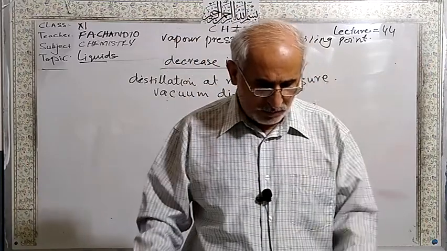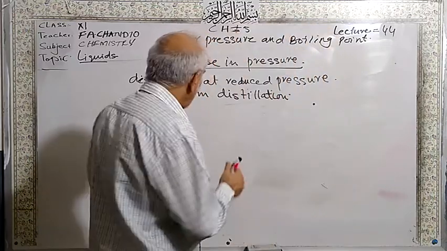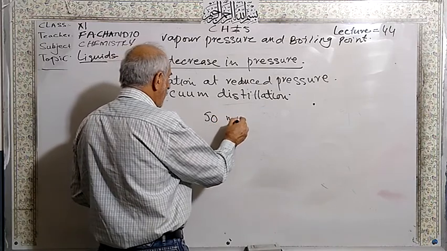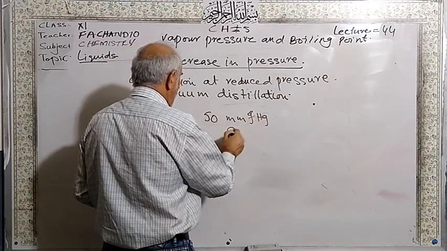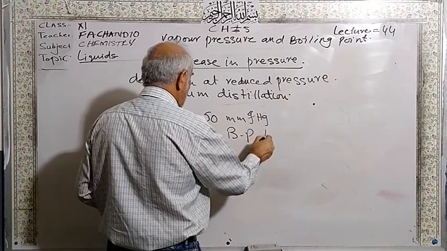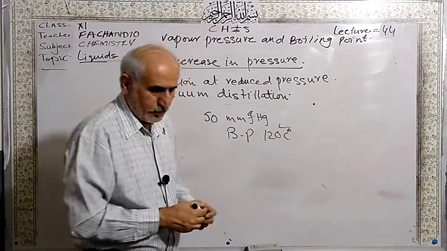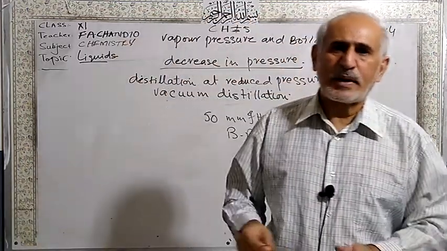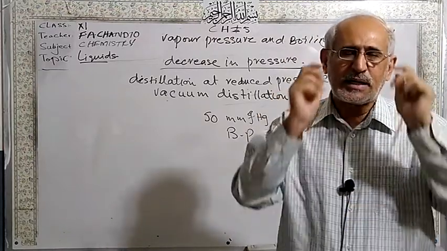So dear students, when we decrease the pressure to about 50 millimeters of mercury, the boiling point of glycerine is about 120 degrees Celsius. At 760 millimeters of mercury, the boiling point of glycerine was 290 degrees Celsius.